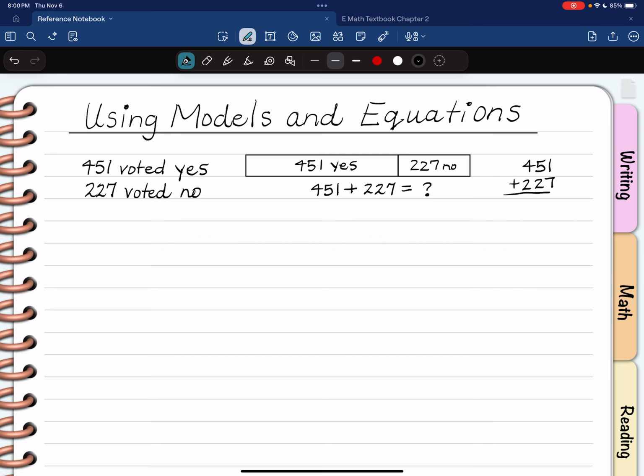So let's add the ones column, add the tens column, and add the hundreds column. So my equation will be 451 plus 227. And remember, an equation means that two sides are equal. They're the same. So my answer is 678 people voted.